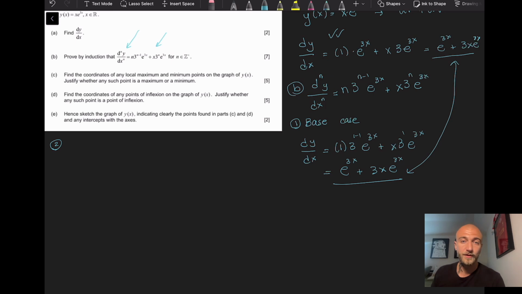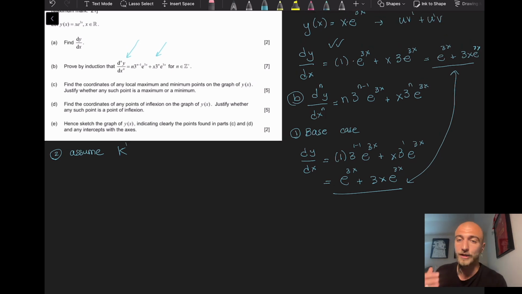Part 2 of the proof by induction is to assume that it works for the k case. So if I plug in a random number, let's call it k, into this, we're going to assume that it works. So I'm going to rewrite this as: assume that this is true for d^k y/dx^k, which would leave me with k times 3 to the k minus 1 e to the 3x plus x 3 to the k e to the 3x.